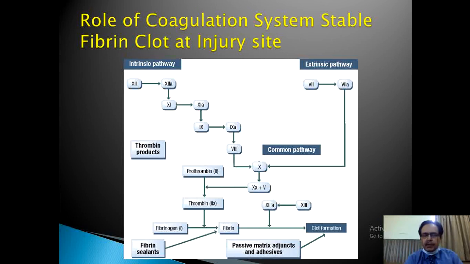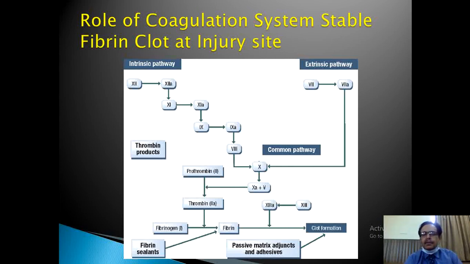Thrombin then acts upon the fibrinogen, and with the action of thrombin, fibrinogen is converted into fibrin, which is a fibrin sealant. And then when factor 13A acts upon it, the fibrin is transformed into the clot formation.